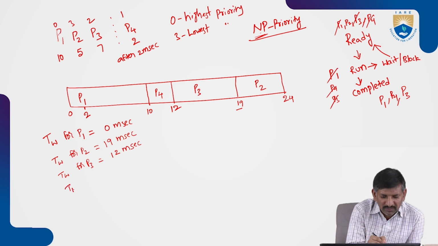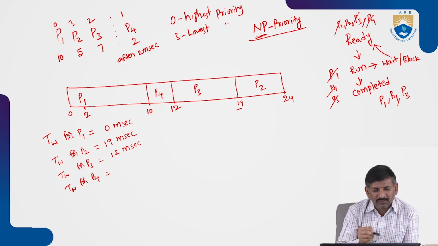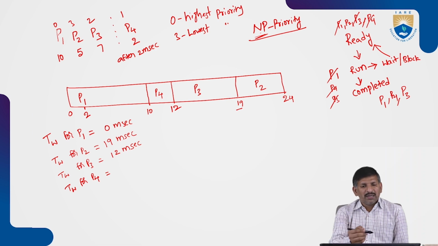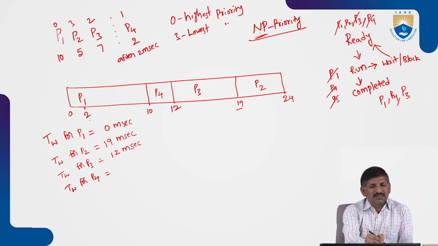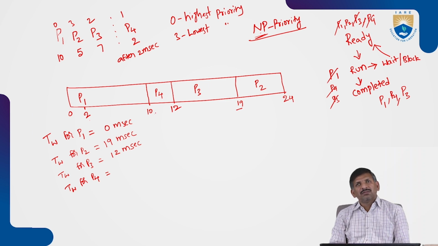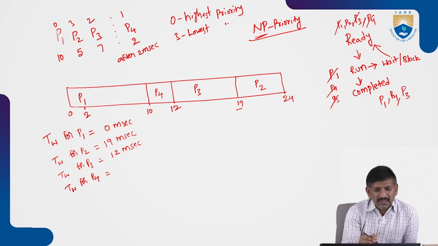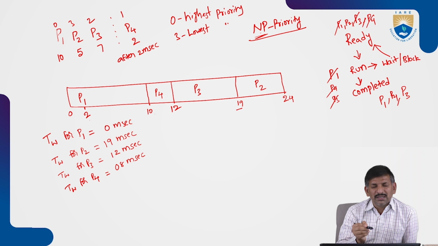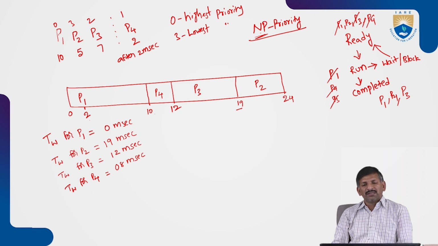Next, waiting time for process P4. Process P4 entered the ready state at the 2nd millisecond and it is scheduled for execution at the 10th millisecond. So it is waiting 8 milliseconds in the ready state to get the CPU for doing its operation.